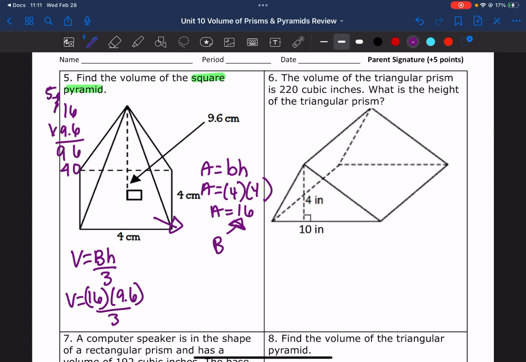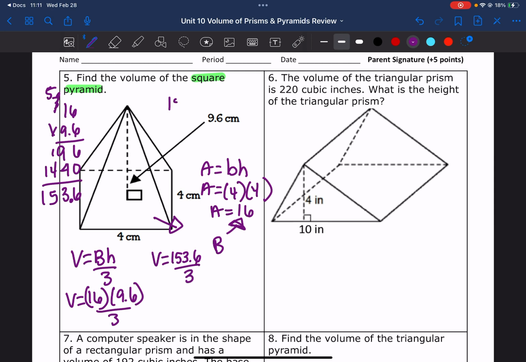And then 9 times 1 is 9, plus 5 is 14. But then this decimal has to come all the way down here. So I get volume is equal to 153.6 divided by 3.